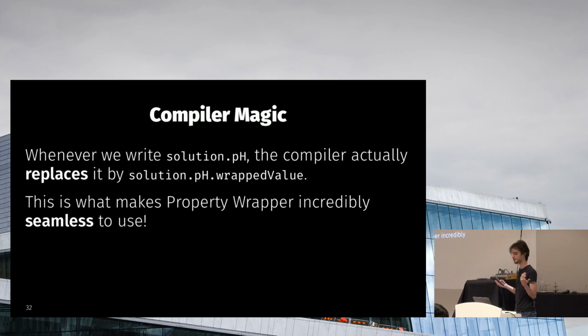So in a way, a property wrapper is just the call to a computed variable that is inserted by the compiler at compile time. This is what makes property wrappers very seamless to use, because we use them just like a property, and the compiler is going to add the call to the computed variable that encapsulates the behavior that we added inside the wrapper.